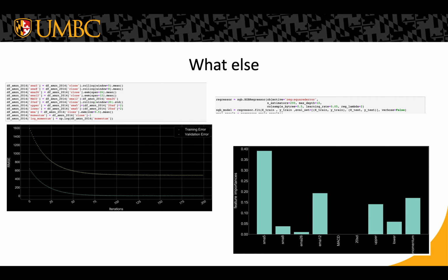So I computed a smooth moving average with periods of 5 and 8, and I also computed a MACD line. That line usually indicates when to buy and sell a stock. And I also computed Bollinger's bands.